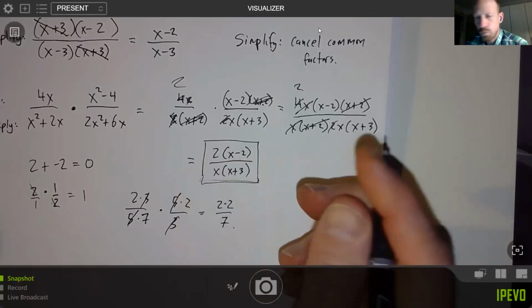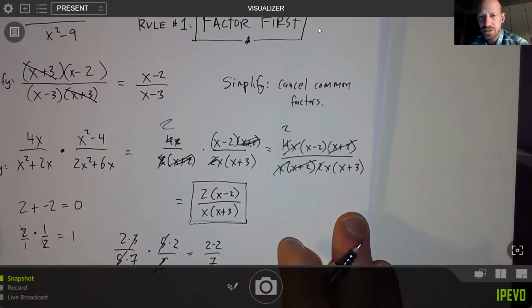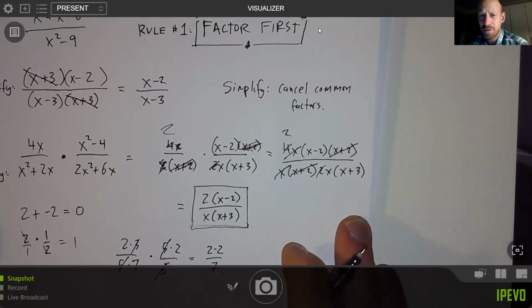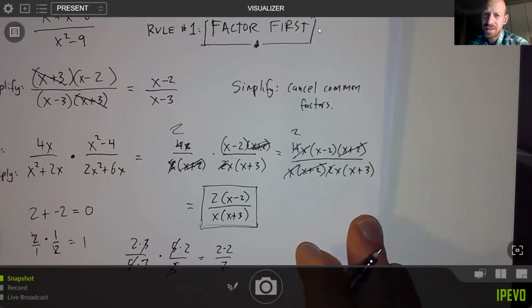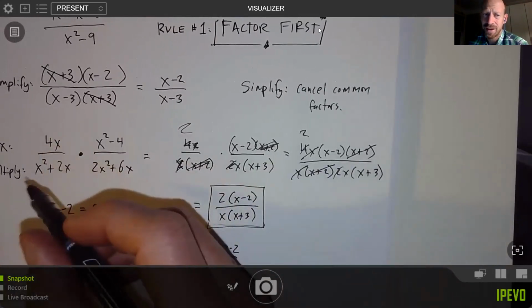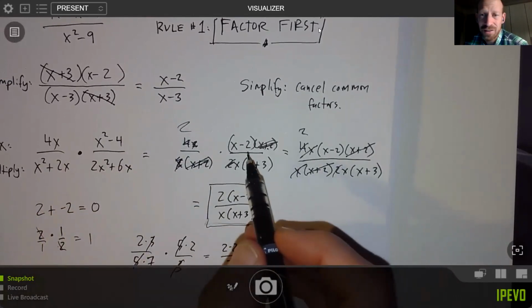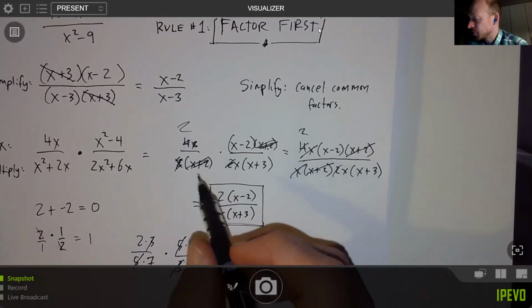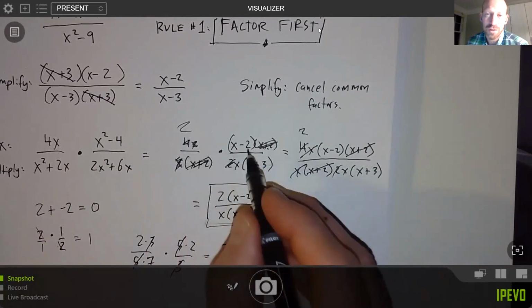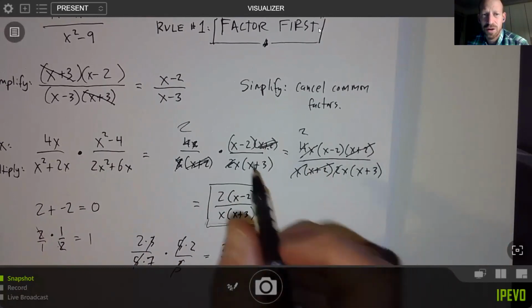So what I say with multiplication is actually really the same as simplification. Like this is not very different from the first problem we did, right? It's factoring, and then it's canceling common factors. I mean, there's more of them, I guess, because I'm multiplying, but fundamentally, it's actually the same process as the one up above, right?